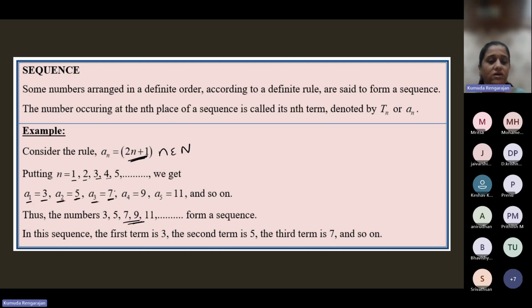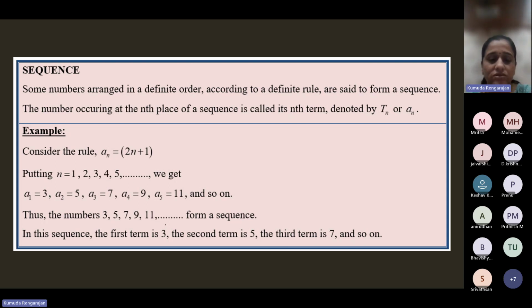Third term, 7. Fourth term, 9. Fifth term, 11, and so on. So these are the numbers of the sequence, 3, 5, 7, 9, 11. These numbers form a sequence because they follow a definite rule, and we have arranged the numbers in a specific order. The terms are separated by a comma.